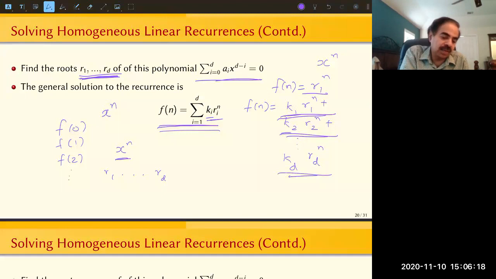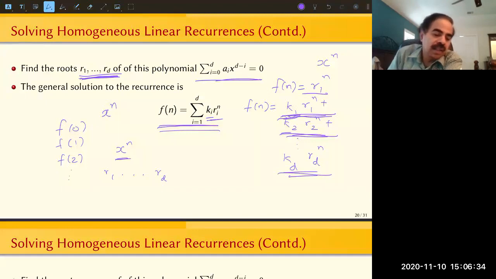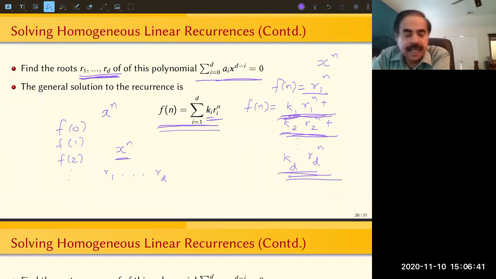And what we are going to do is say that the solution is of the form k1 times r1 to the power n plus k2 times r2 to the power n up to kd times rd to the power n, right? So essentially, we suppose that there is some constant in front of each of those terms, and then we take the sum of those terms, and that is the general form of the solution.